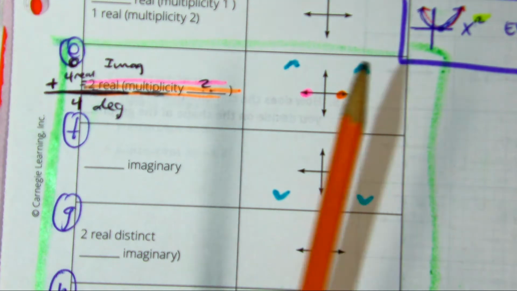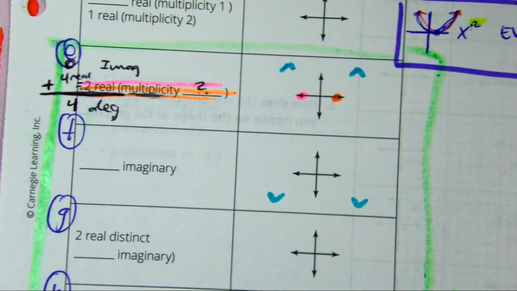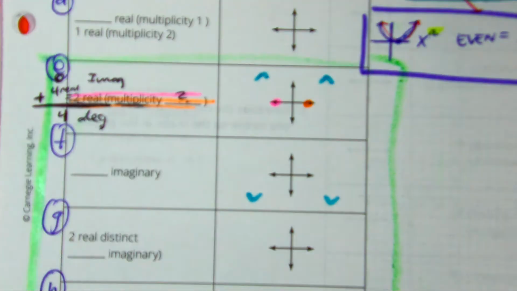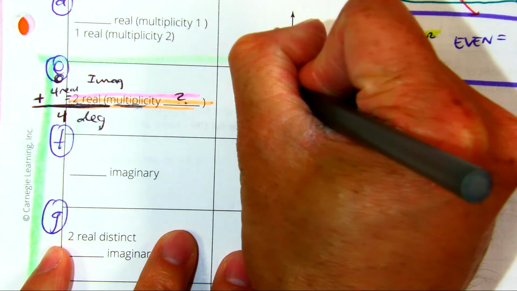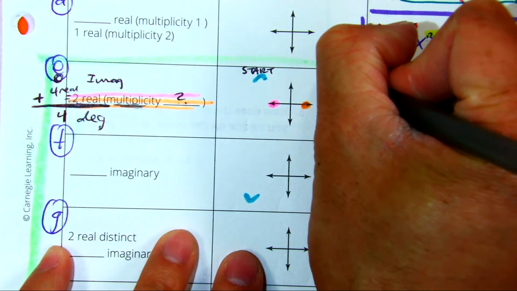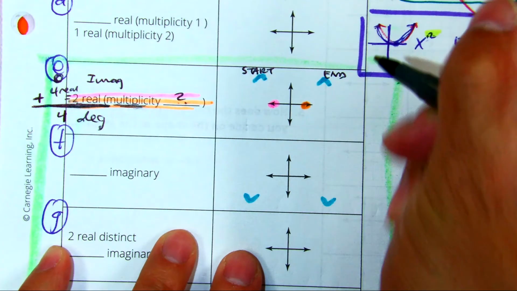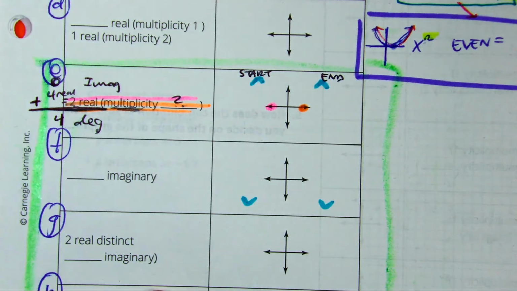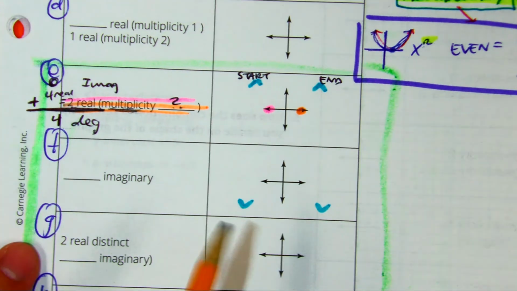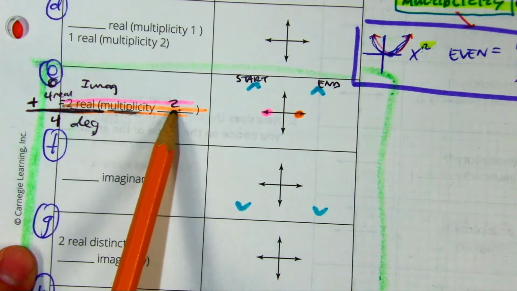And then as I sketch, I'm going to be using a pencil so I can focus that for you. And it's kind of like connect the dots. You're going to start on the left side, and in connecting the dots, I have to end up at this arrow. Okay, so we're going to go from left to right. And let me show you how this multiplicity works.